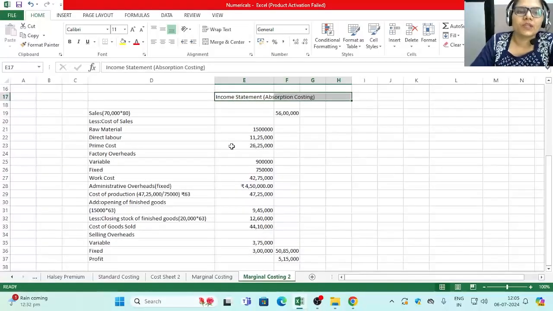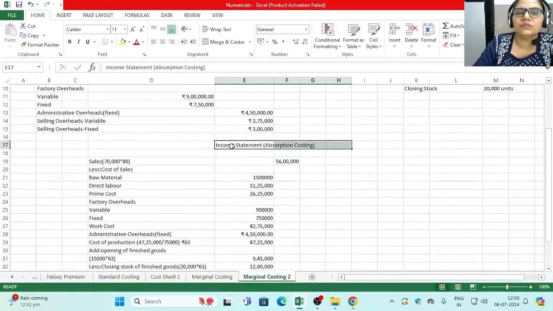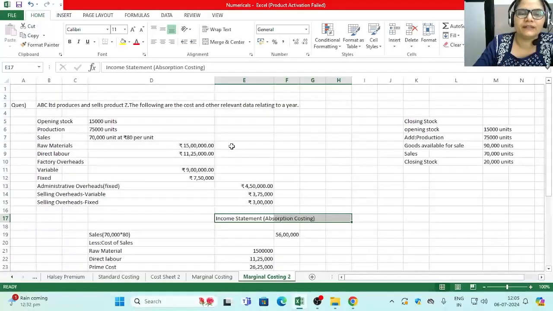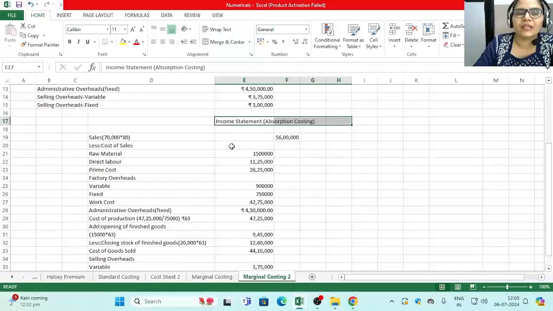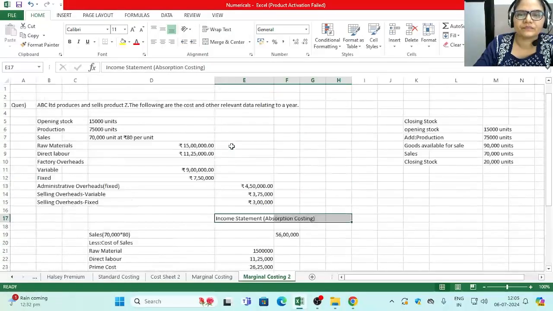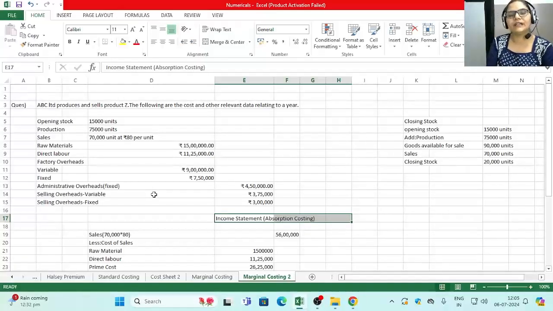Now, in order to make things more clear, I will again brief up the solution so that you can have more clarity. We have been given a question and a value of opening stock, and we need to prepare income statement as per absorption costing and income statement as per marginal costing.